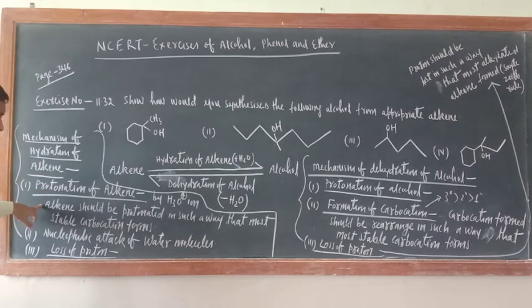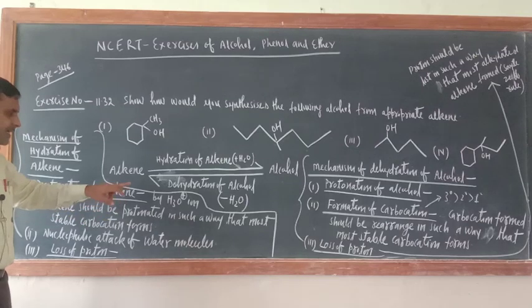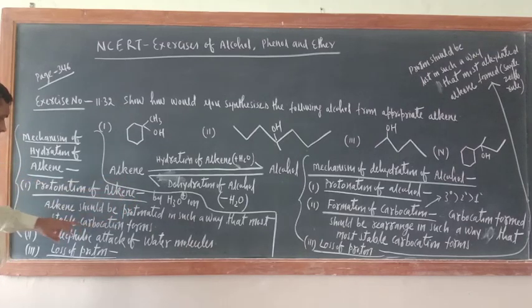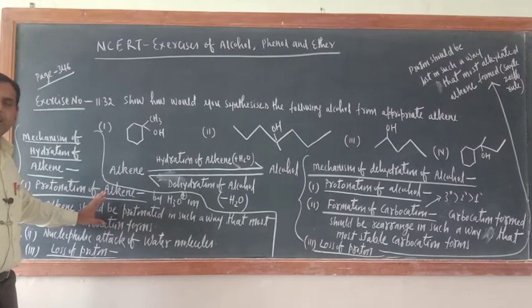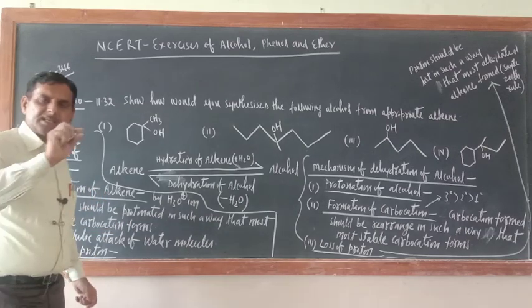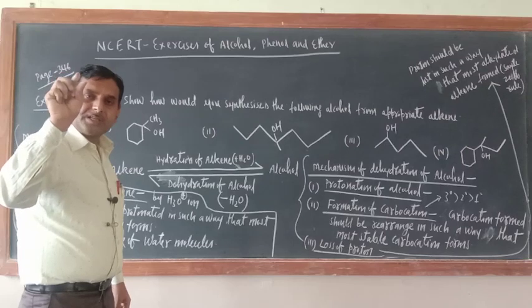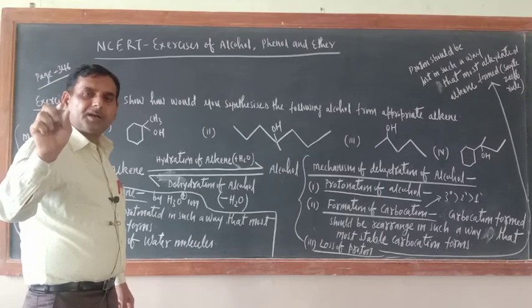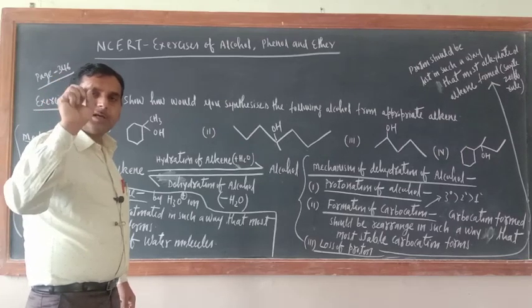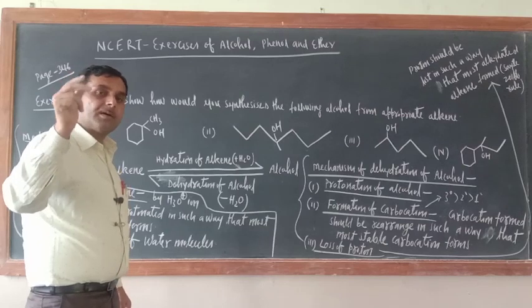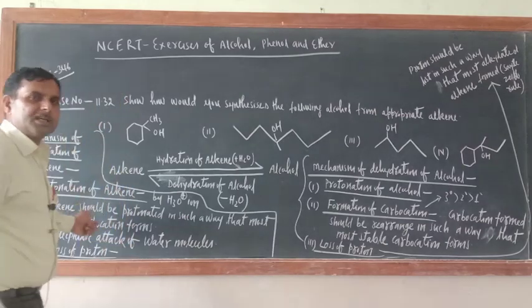The alkene should be protonated in such a way that the most stable carbocation forms. Now, to which particular double bond carbon atom should you add the proton so that you can get the most stable carbocation? You should see here.